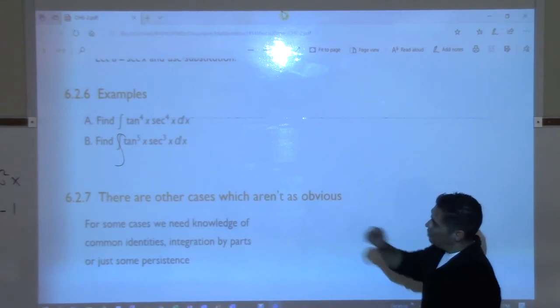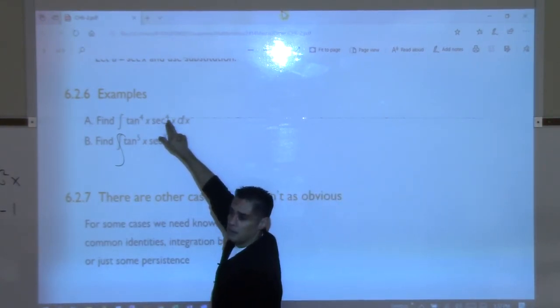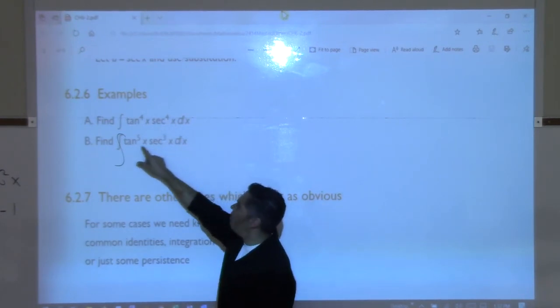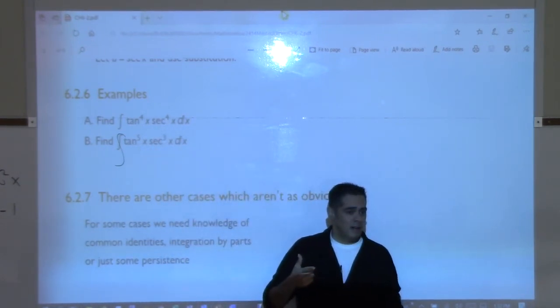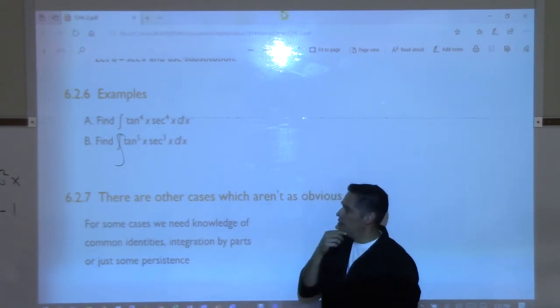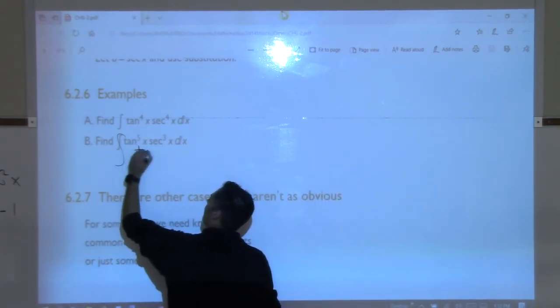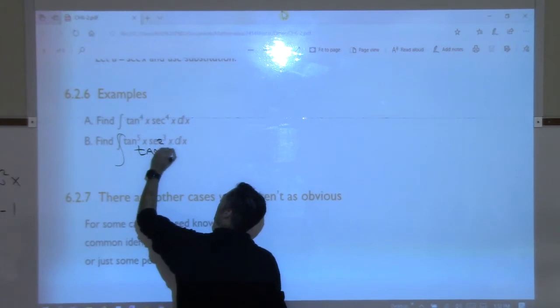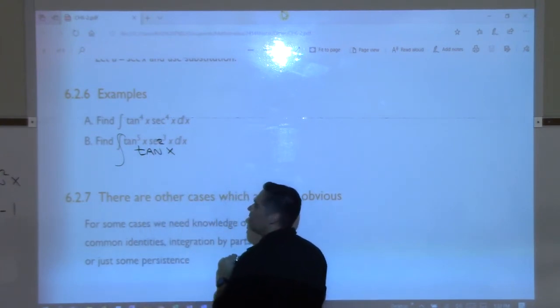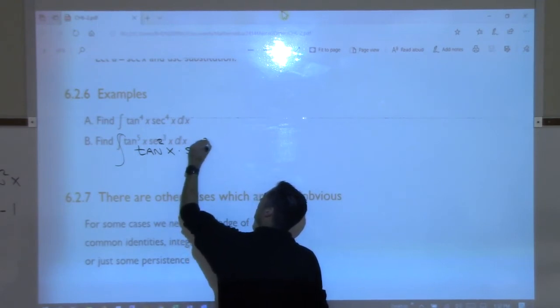Okay, so on the first problem, we were able to do it because secant was even, right? We were able to do the second problem because tangent was odd, right? So I wonder if we can make up a problem right now where neither of those cases happen. We would need tangent to be even, so let's go with tangent squared x, and secant odd.